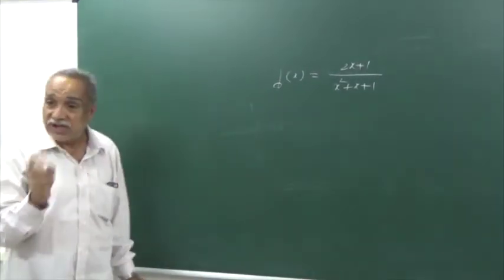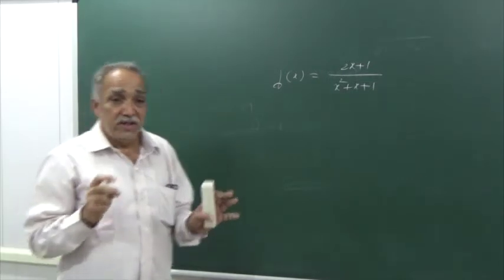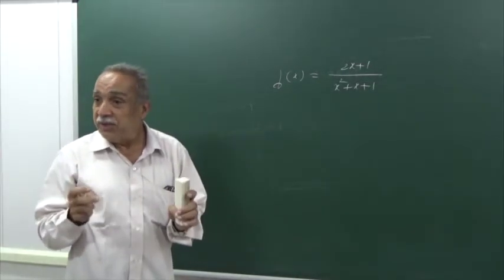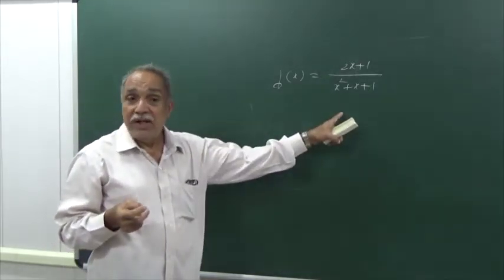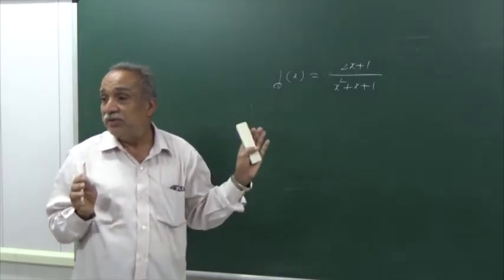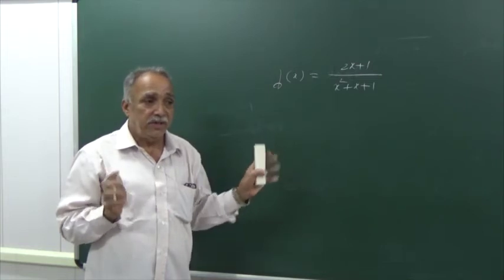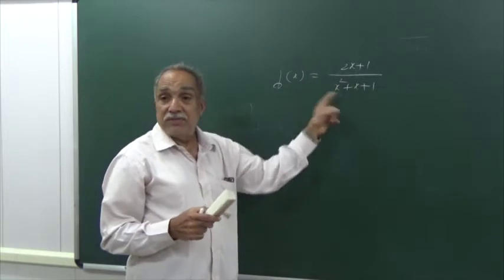No restriction on x. So, I am not giving any instructions regarding the interval on which the function is defined. You have to determine the set of all x on which you can apply this formula and accept that to be the domain of the function. Okay. Both domain and range are to be determined. What are the points at which you can apply this formula?